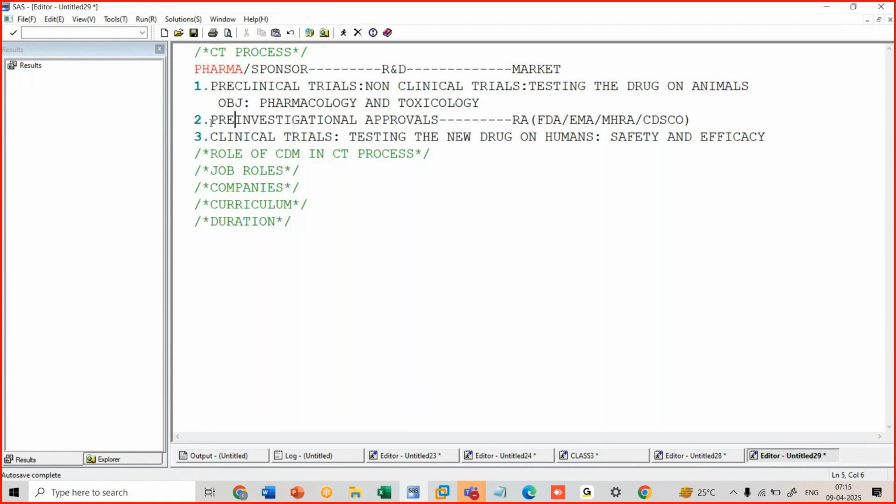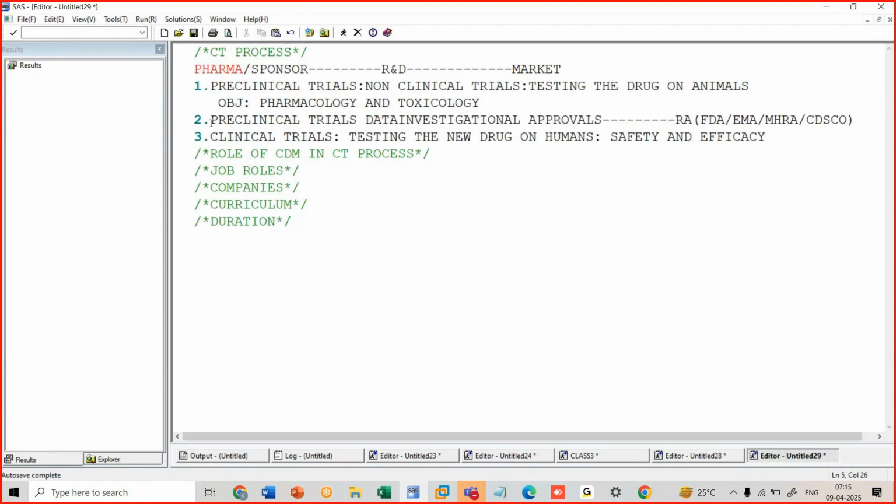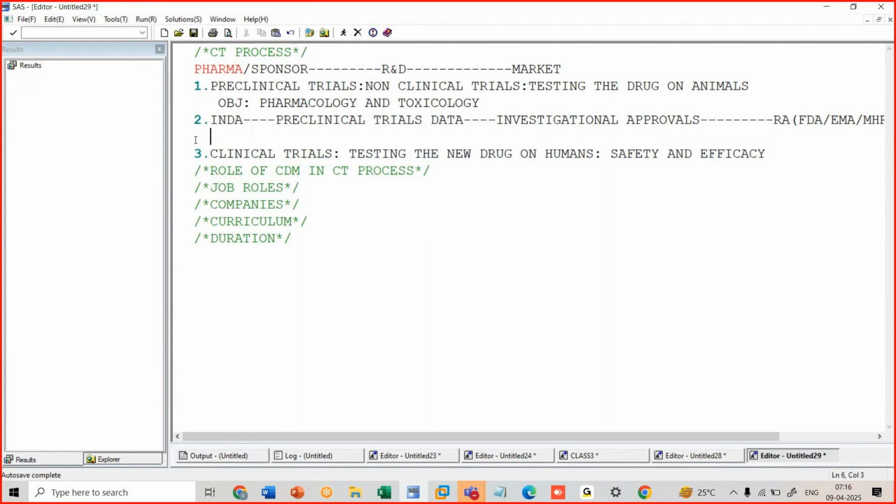Whatever data we collect from the preclinical trials, all this data will be part of the INDA application. That means before we get into market, pharmaceutical companies should submit the INDA application to the regulatory authorities.